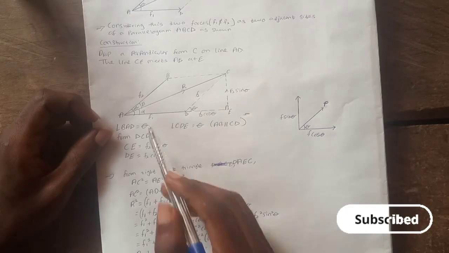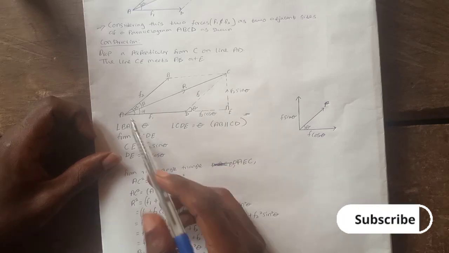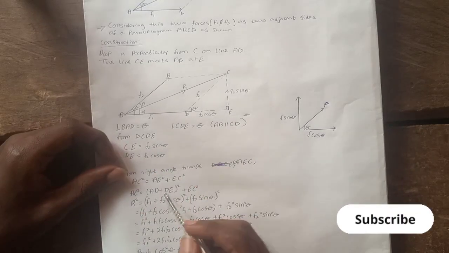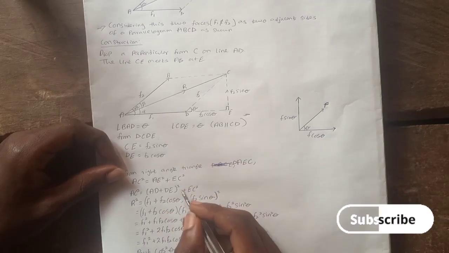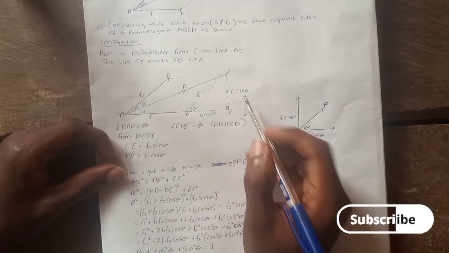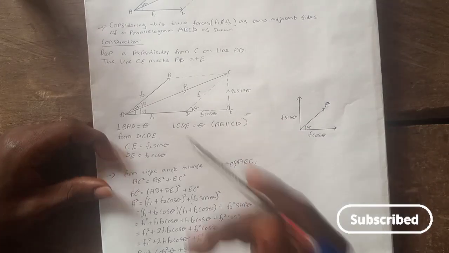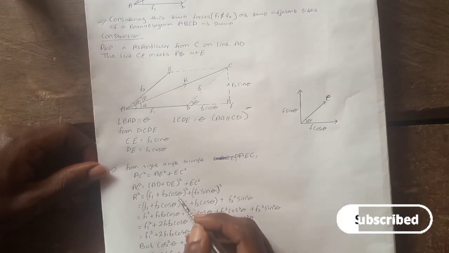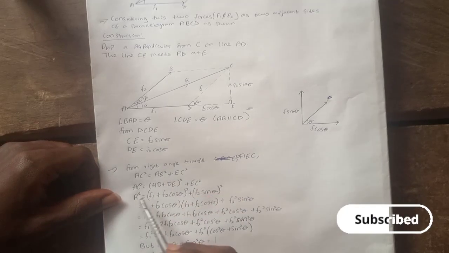But you know this AE comprises AD plus DE. This is it here. Then we bracket them and square, plus EC square. Then we start putting in the values.